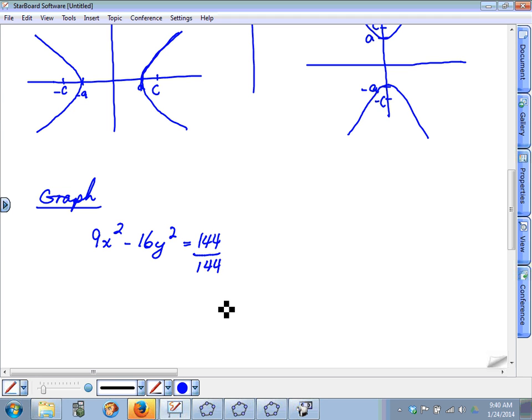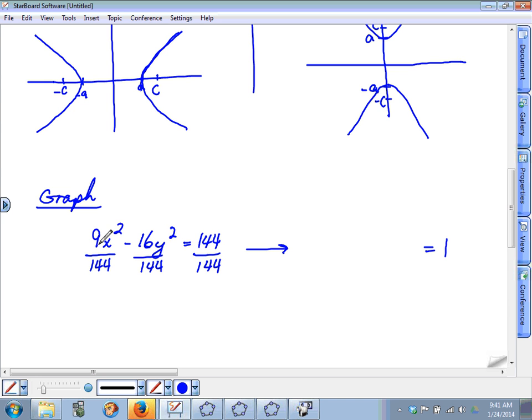Divide by 144. So now the right side equals 1. This term, though, 9x squared over 144. What happens?